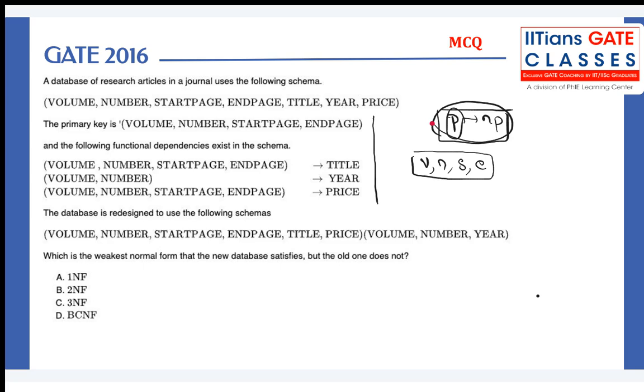I'm asking, is there a dependency where there is a prime attribute on the left and a non-prime attribute on the right? Yes, all three of them, right? All three of them have prime attributes on the left hand side, and a non-prime attribute on the right hand side. Okay.